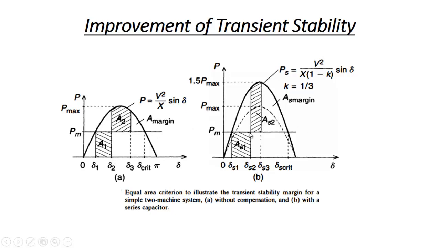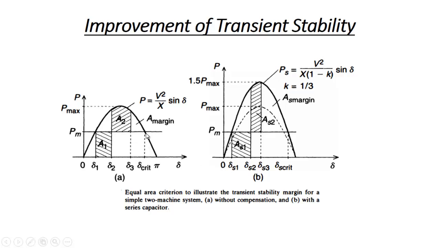Now for this case, since the area under the curve has increased as compared to this, the area covered from delta 2 to delta 3 has to be the same as that of A2, but that covered area will definitely be before delta 3.